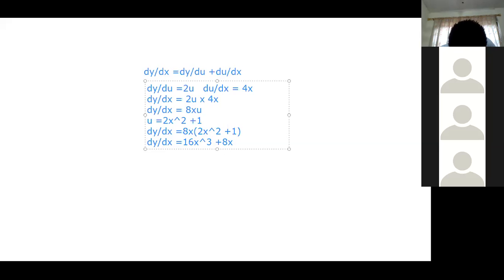Are we good to go? Yes. So this will be our answer, and this is what we call the chain rule. Let me give you one to try. Let's do another one.